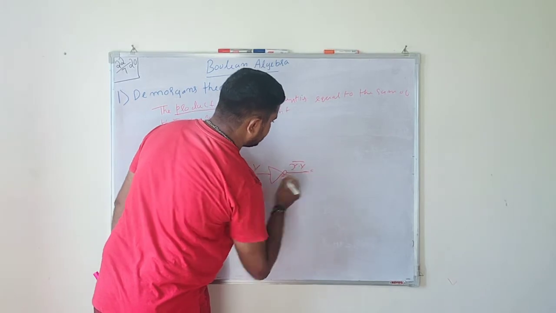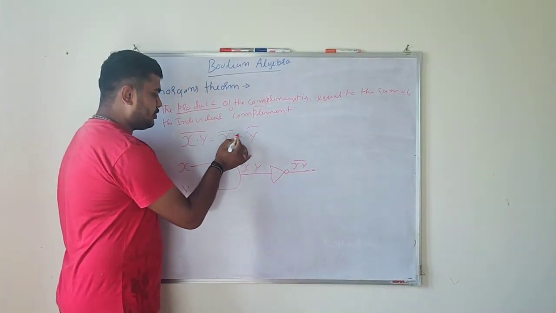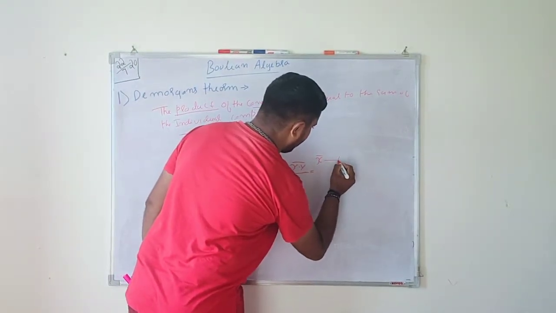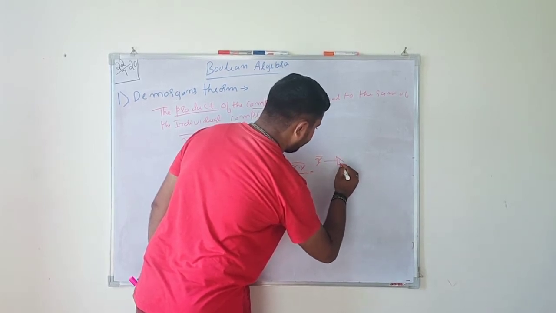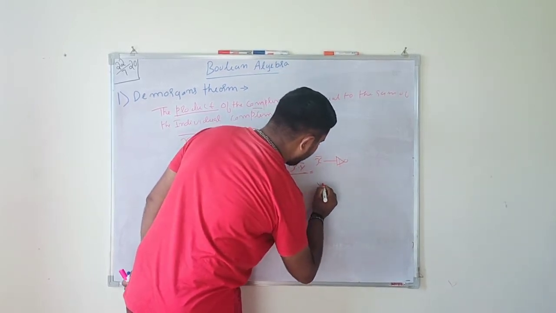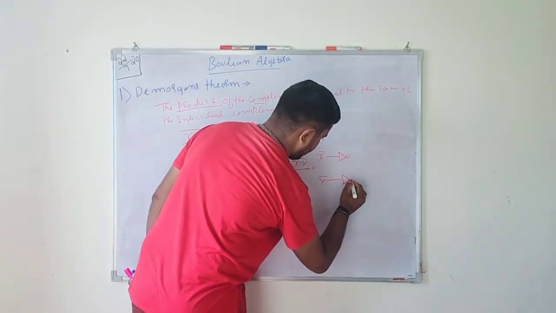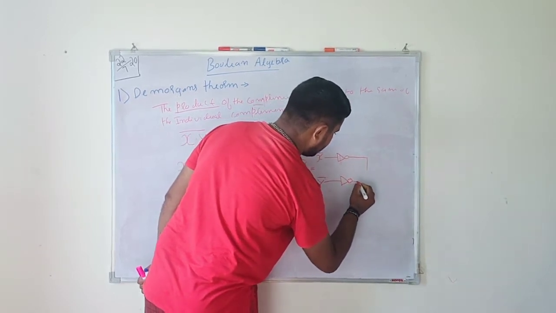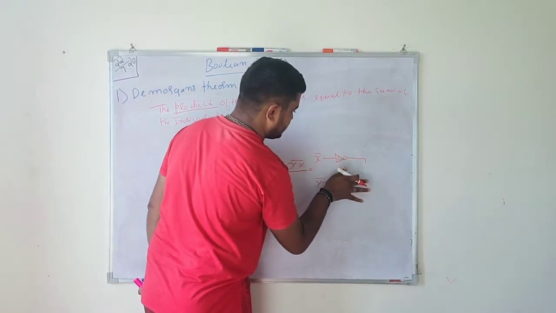Now, on the other side, we have x bar, so we are going to put a NOT gate again, and for y bar also we put a NOT gate again. Together they provide x bar plus y bar, which means we use the OR operation.